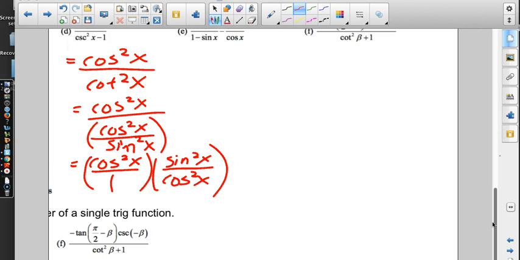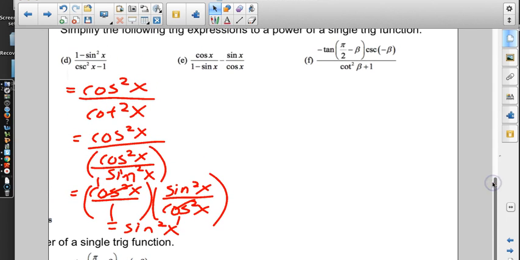Cosine squared x is going to cancel right out. There it is. So again, think, how could I make this more basic as I go through it? E.